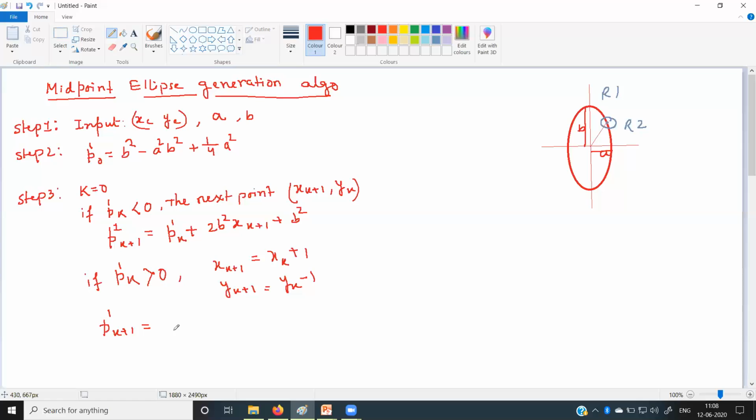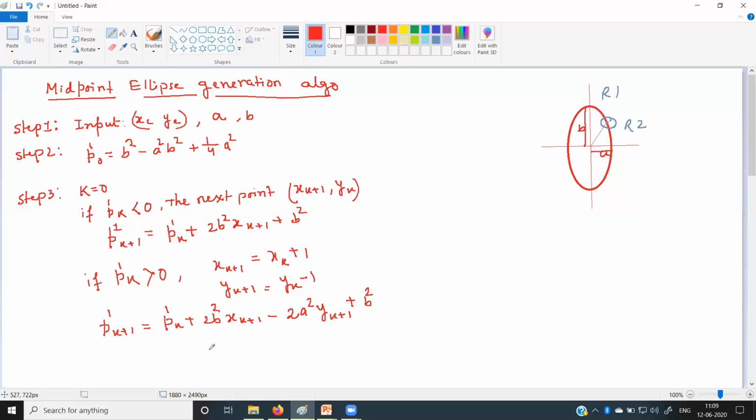We can compute it by this equation: P of k for region 1 plus 2b square x of k plus 1, minus 2a square y of k plus 1, where y of k plus 1 is yk minus 1, and then plus b square.